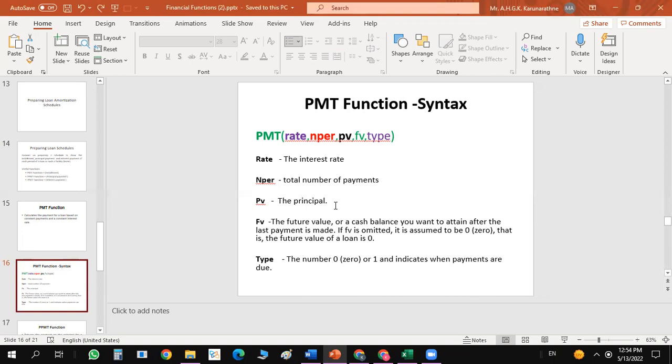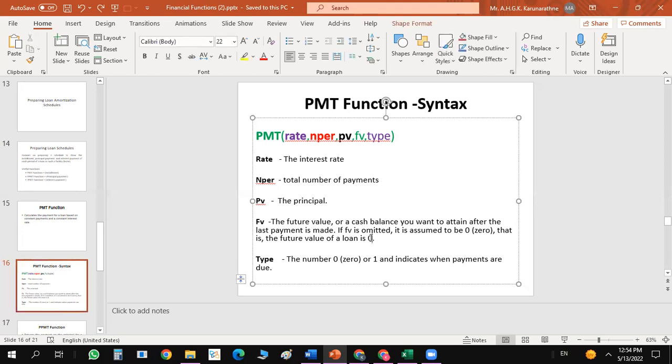Keep in mind, if you are not going to have any cash balance, that means you just want to settle the loan and no cash fund is to be generated, you just leave 0 for future value, or just ignore that. Then it assumes you are not going to generate any cash savings. You just want to settle the loan at the end of the loan period.